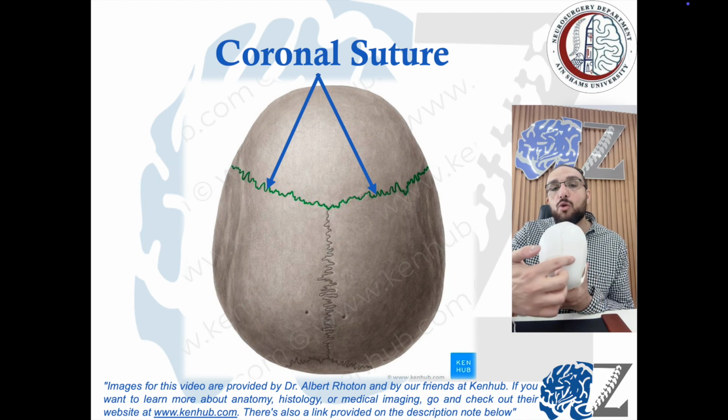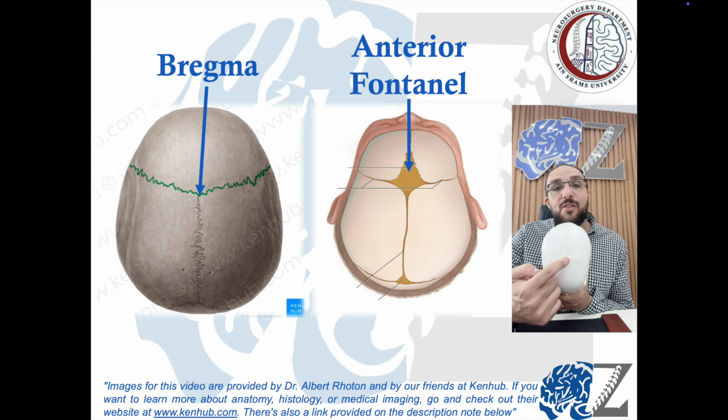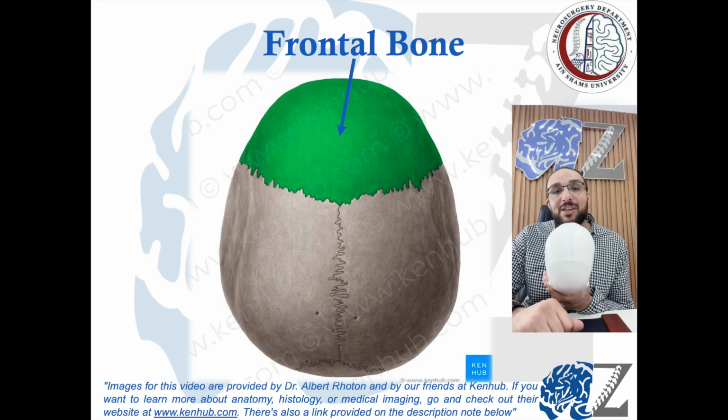Between them is the coronal suture, and I know a very important point, the point of fusion of the two parietal bones and the frontal bone, called the bregma, which was once the anterior fontanelle. How amazing is that?